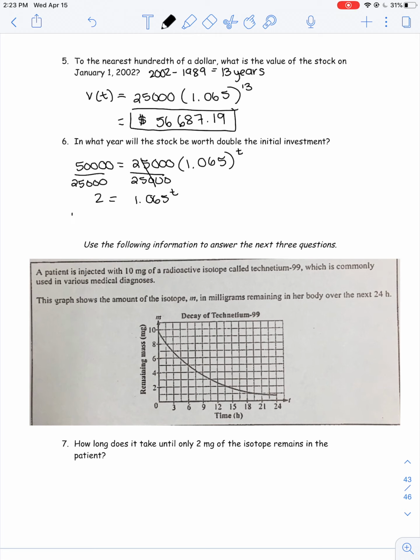Then we can change it to log form. So another strategy is putting log on both sides. And what that helps us do is it helps us put that t in front. So that's the power rule. T goes in front of log 1.065. And then we're going to divide both sides by log of 1.065.